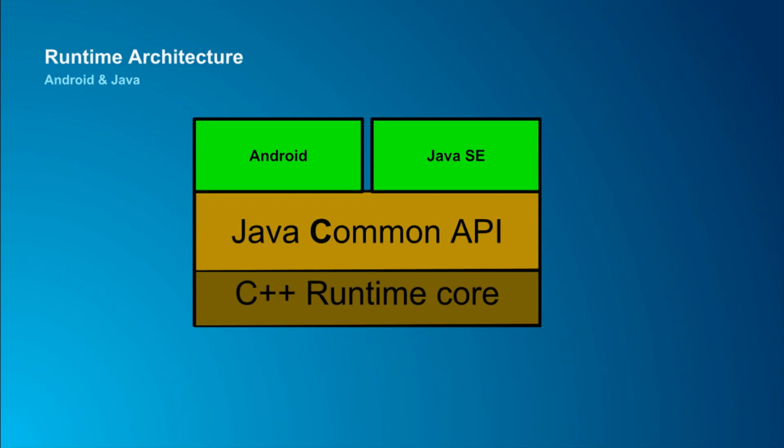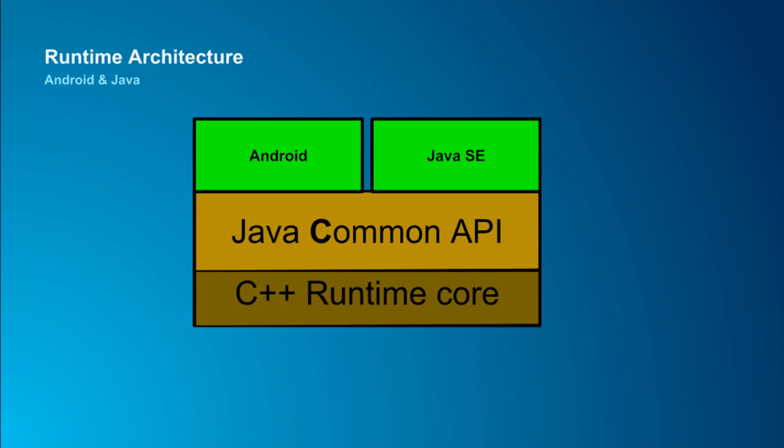So let's first start with the architecture of the runtime for Android and Java. The runtime itself is built on a C++ runtime core. That's a way for us to share functionality between a lot of the platforms, and give us synergy between all of these platforms.